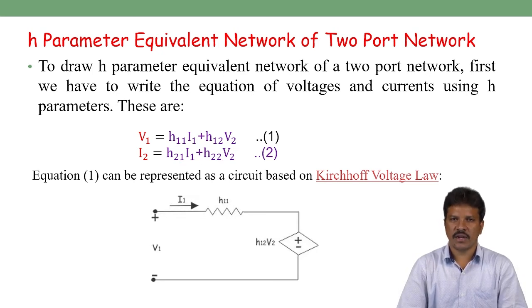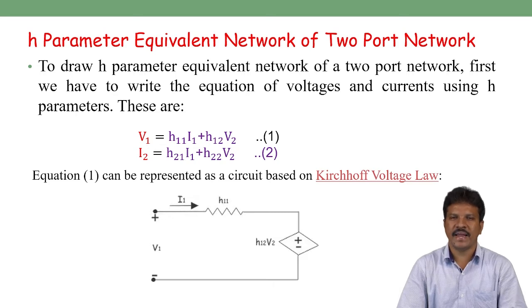This equation 1 can be represented as a circuit based on Kirchhoff voltage law. Looking at equation 1, the source voltage is equal to the drop across individual elements like H11 I1 and H12 V2.